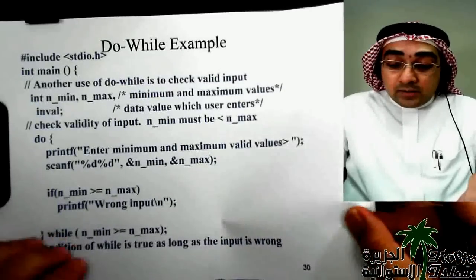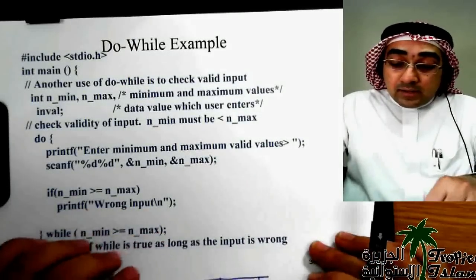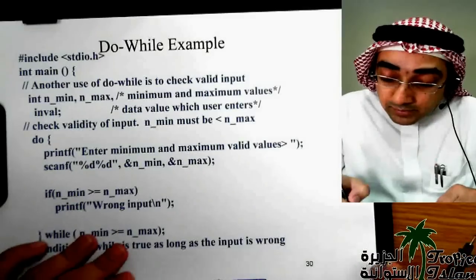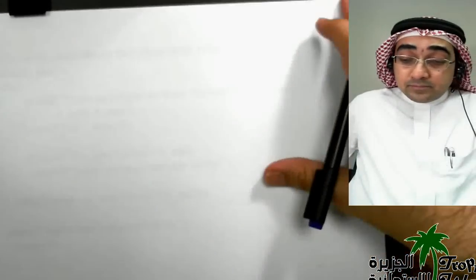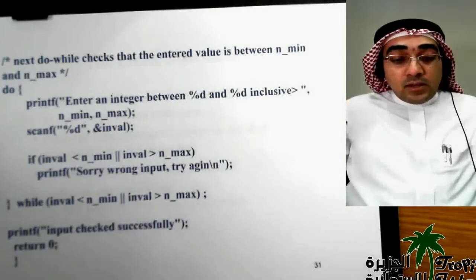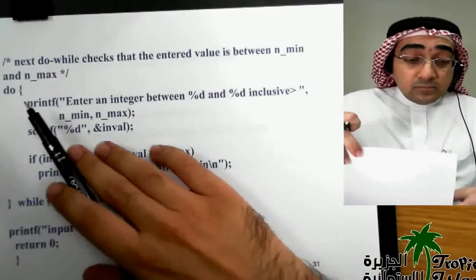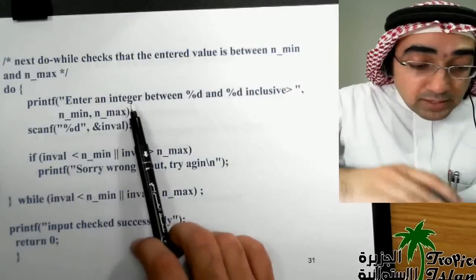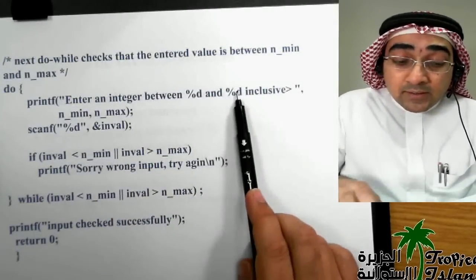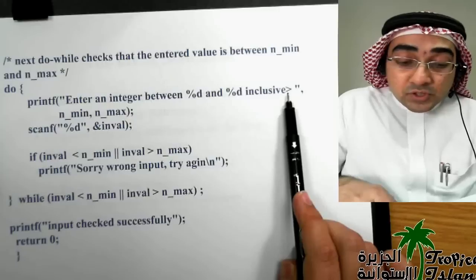Okay, now continuing this program, the second thing I want to do is ask the user to enter a number that is between the minimum and maximum. To do that, I'm going to have another do-while loop, and I'm going to ask the user to enter a number that is between the minimum and the maximum inclusive.